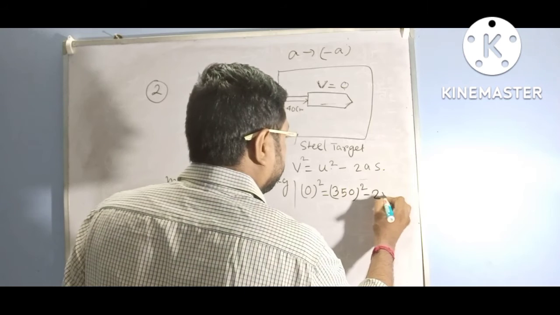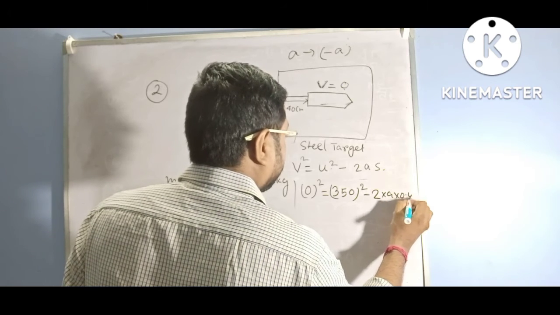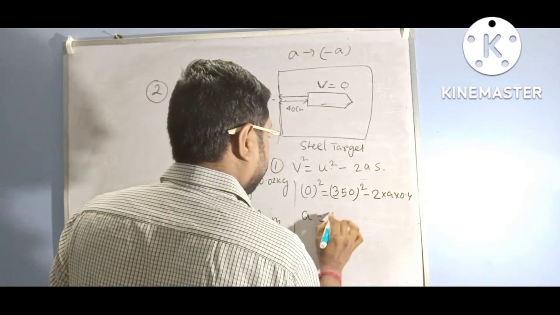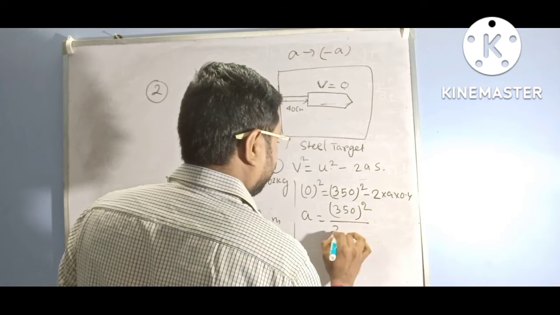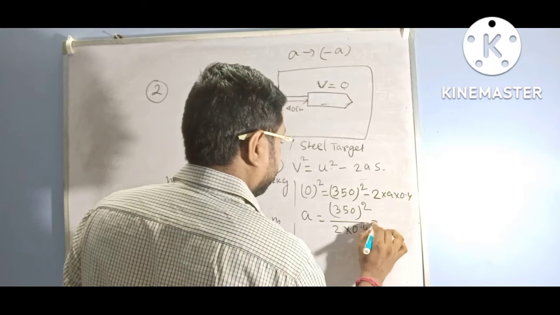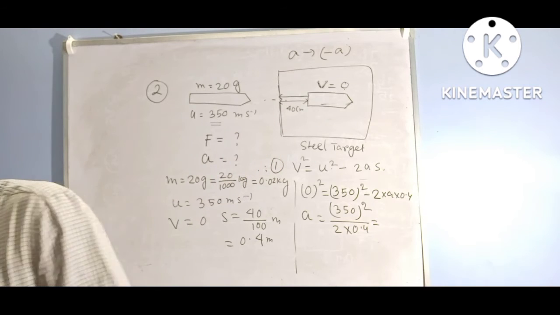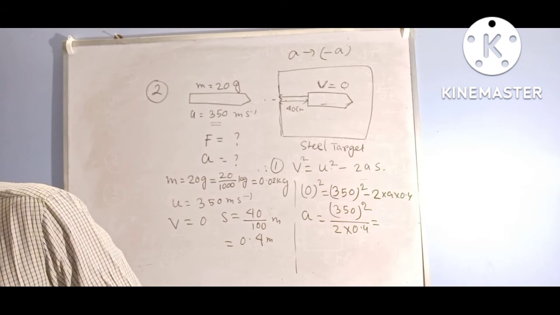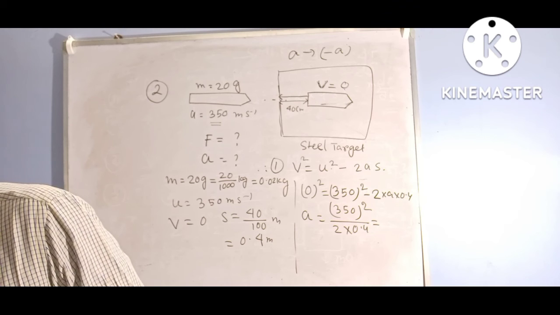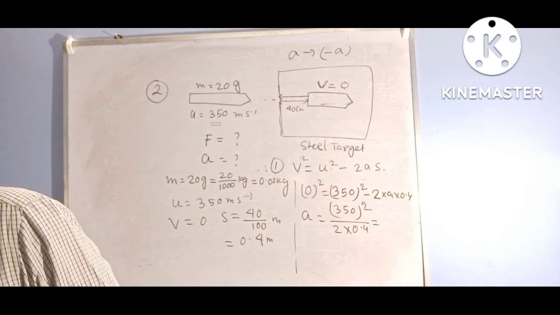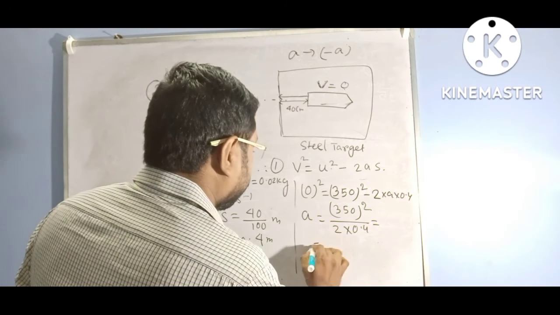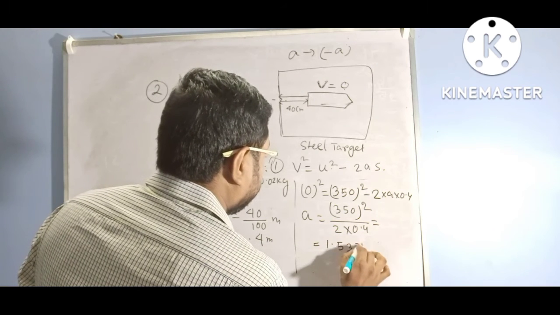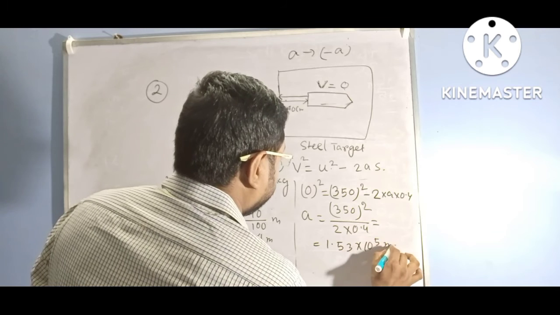Therefore, 2 into A into S, 0.4. From this we get A equal to 350 square divided by 2 into 0.4. If we put it in the calculator, we get the value of A as 1.53 into 10 to the power 5 meter per second square.